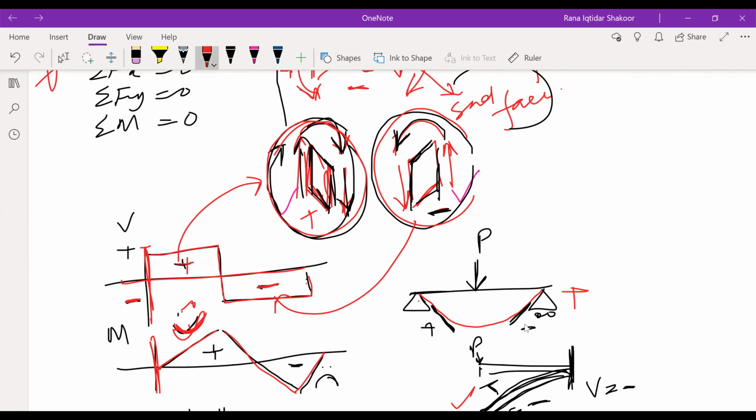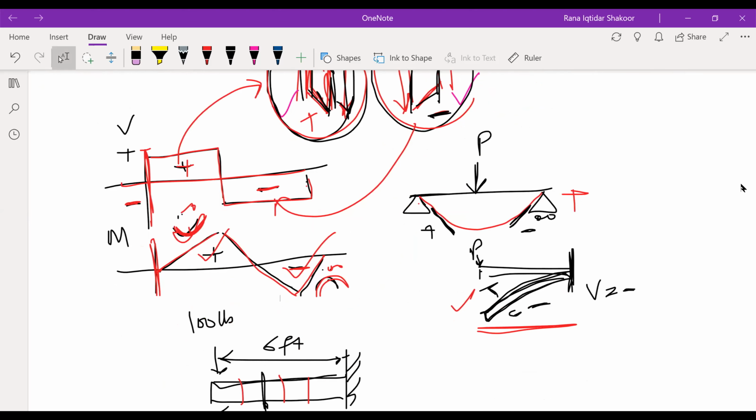And the beam in this particular condition will be a smiley face, and in this particular part will be a smiley face, and in this particular part it will be a sad face, right.